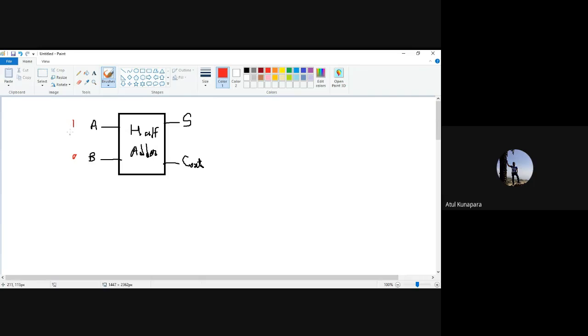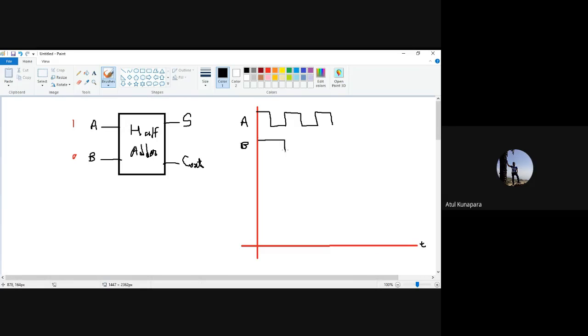So if I just show you the plots, for example, here on the x-axis we are taking the time, and on the y-axis we are taking the different signals. Here your signal A is there, and it is going to have a value like this, suppose. And suppose the value of B I just draw like this.